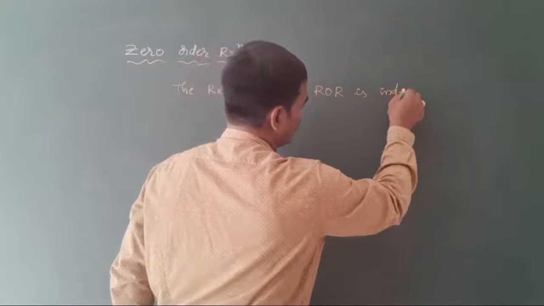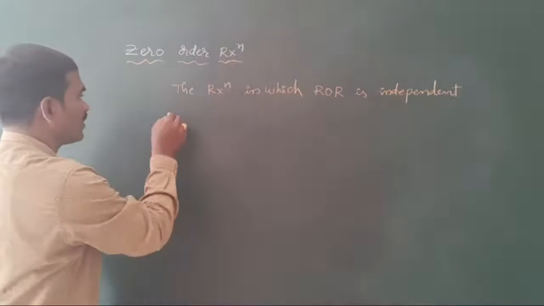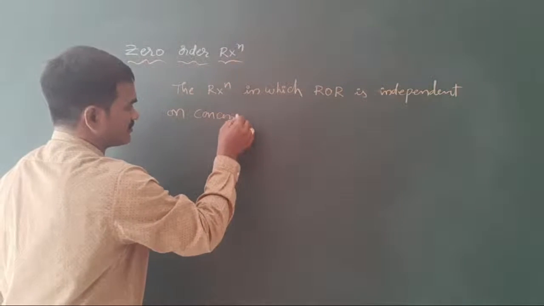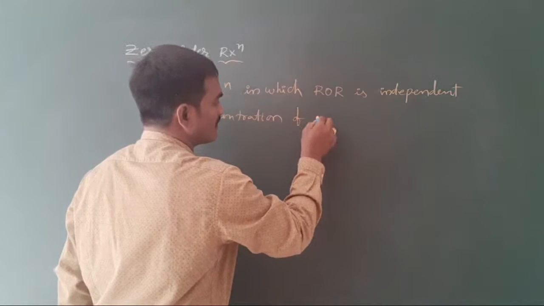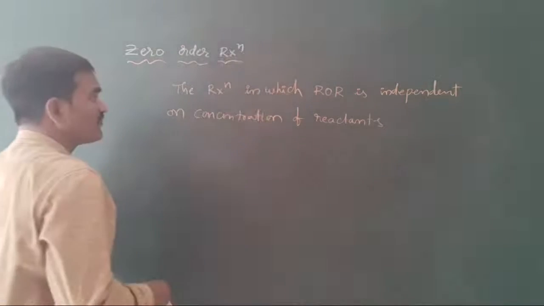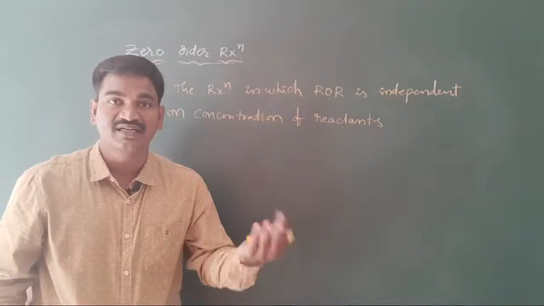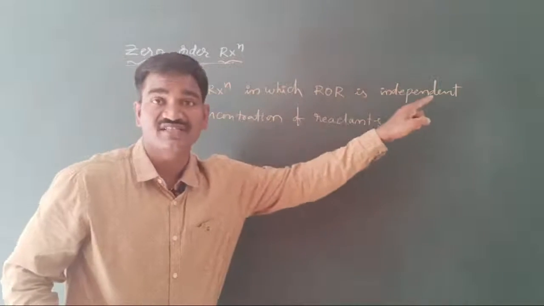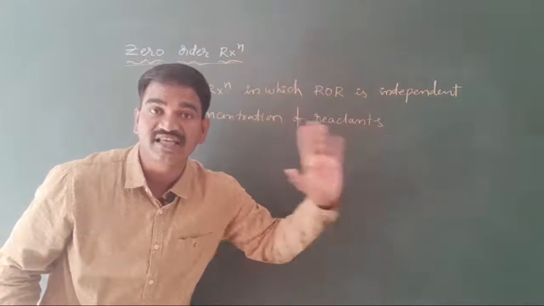You have to remember, independent, on the concentration of reactants. Such types of reactions we can call zero order reactions. So zero order reaction means the reaction in which the rate of reaction is independent of the concentration of reactants which are present in the reaction.